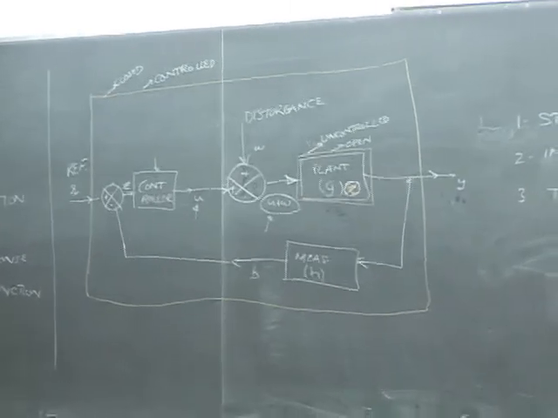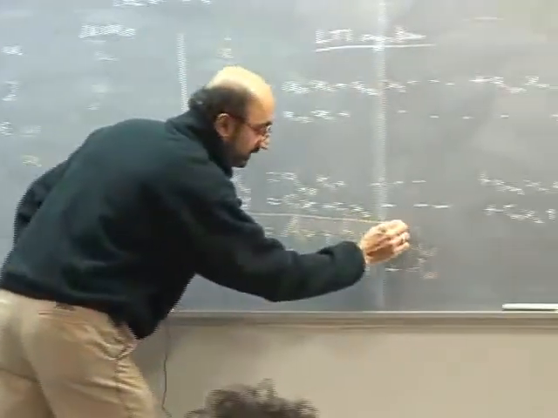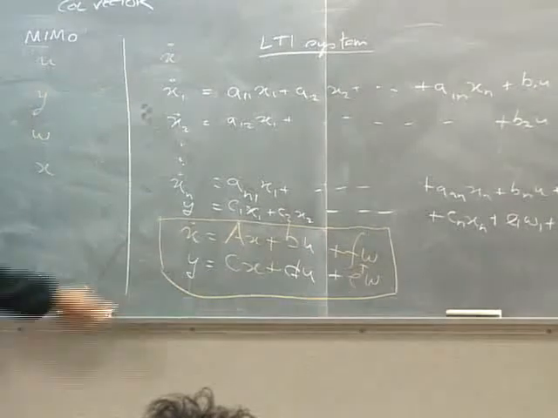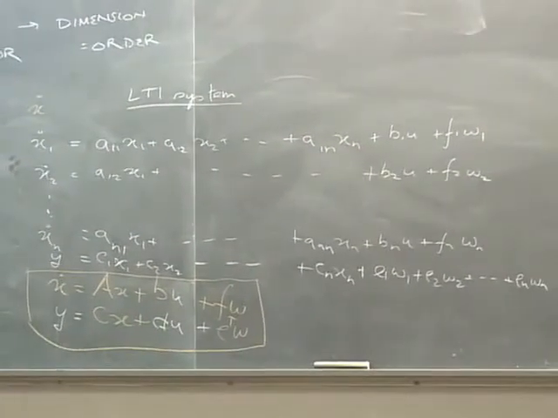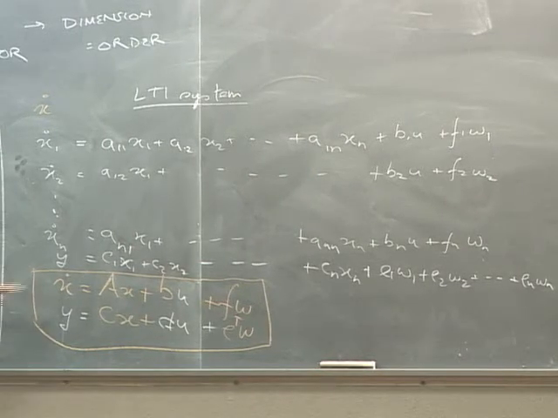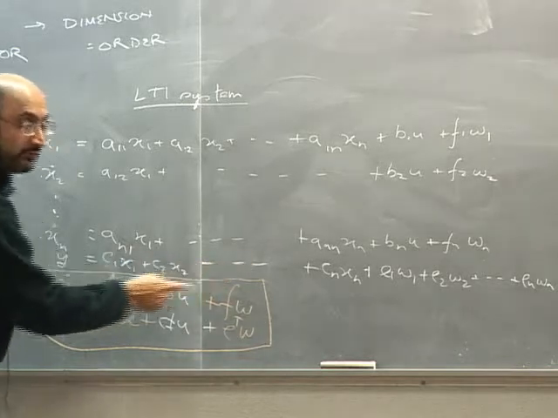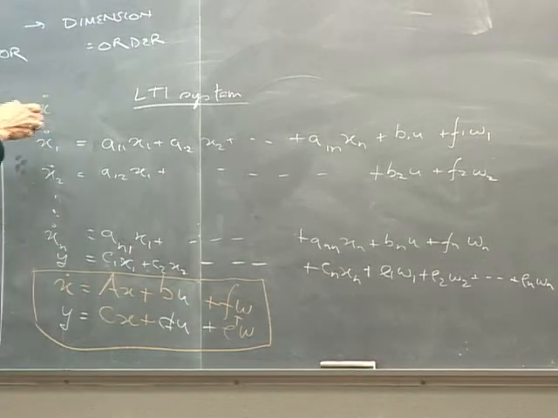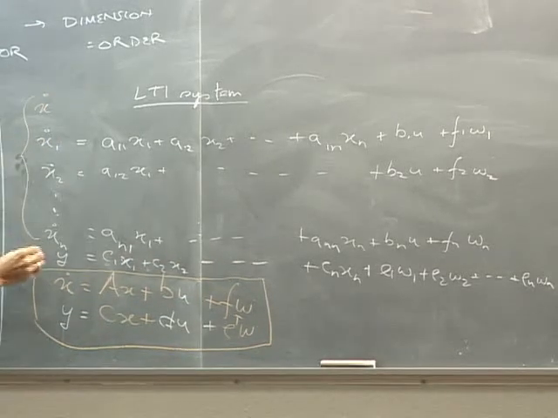And then this box over here is actually the same equations in vector form. Any questions about this? What is C? C is this one over here, C1, C2, and so on. For the output, A is the way the state updates, so this is the state update equation, and that's the output.